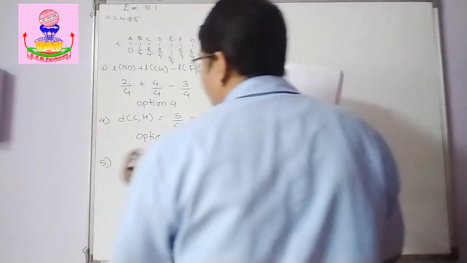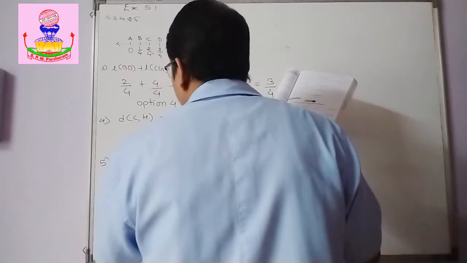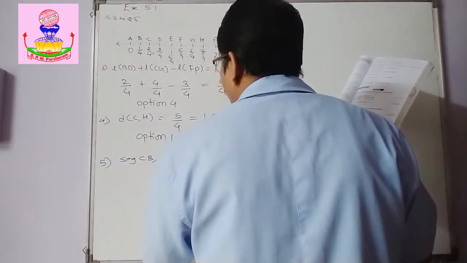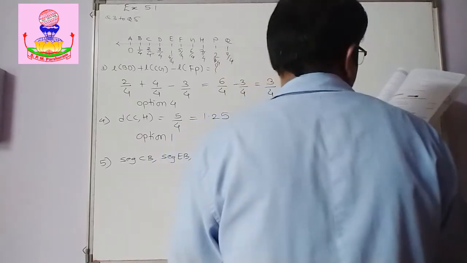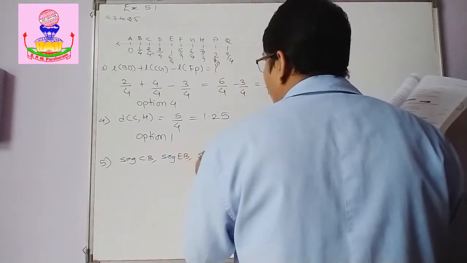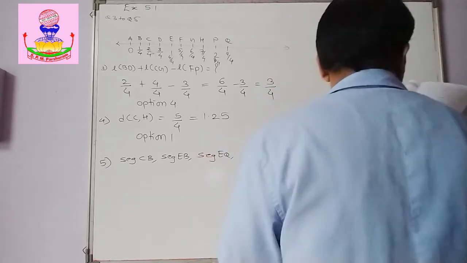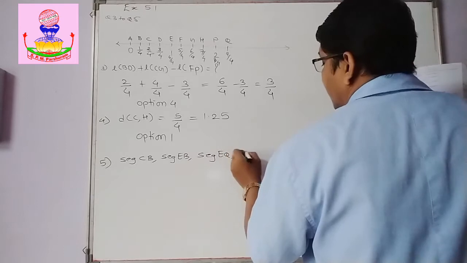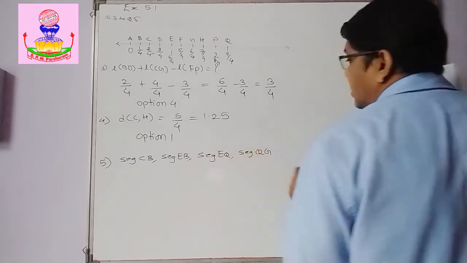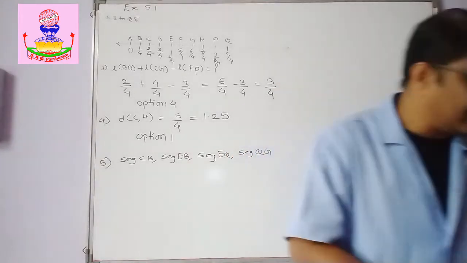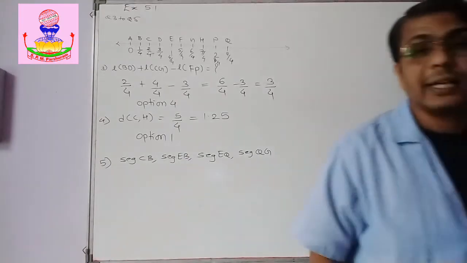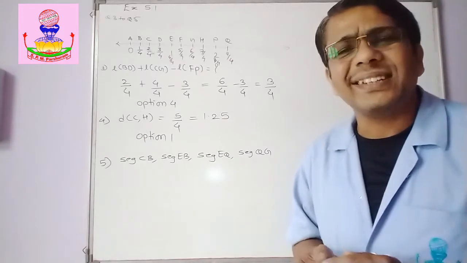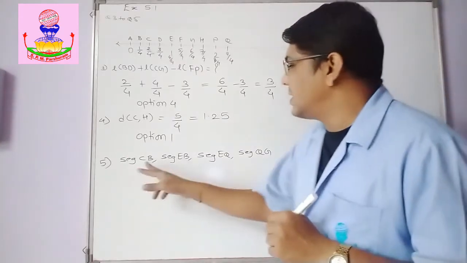So, segment CB, segment EB, segment EQ, segment QG. Okay, so we have to decide which is the smallest and which is the greatest, and then what we are supposed to do? We have to add the smallest and the greatest.